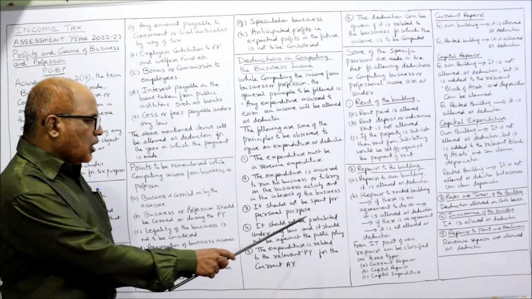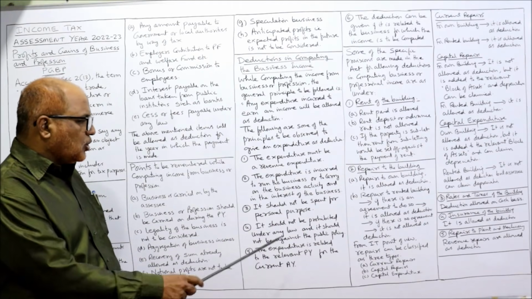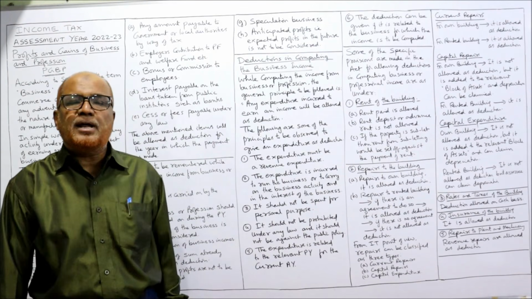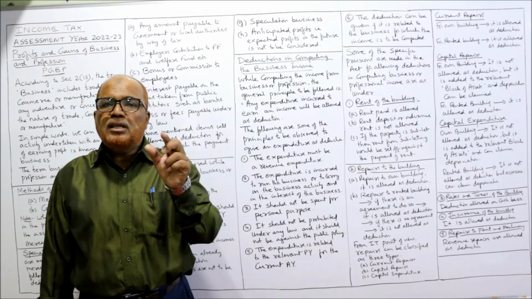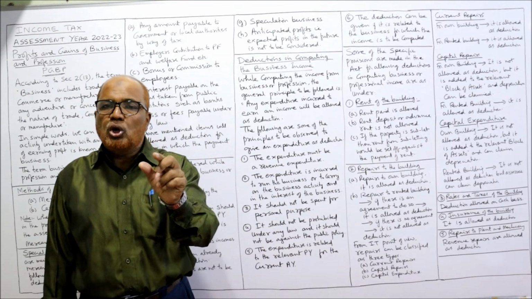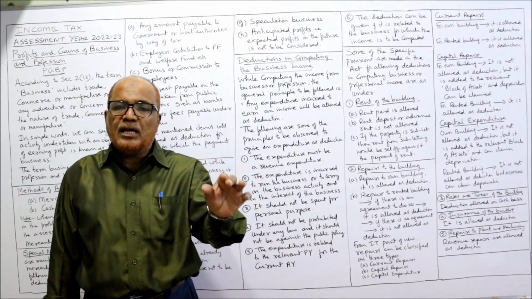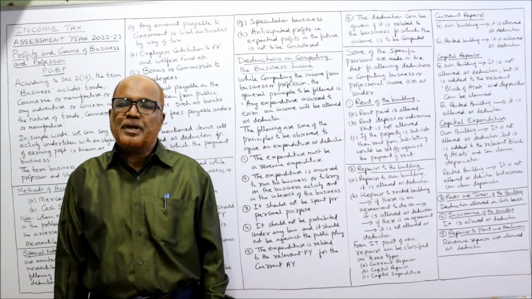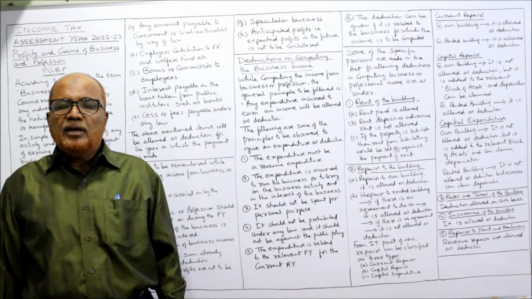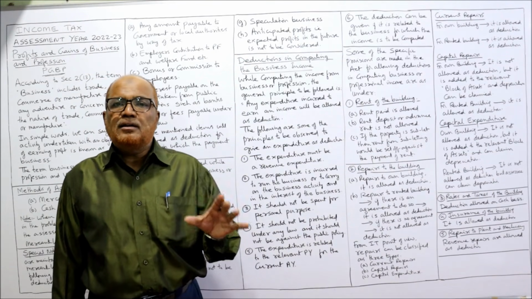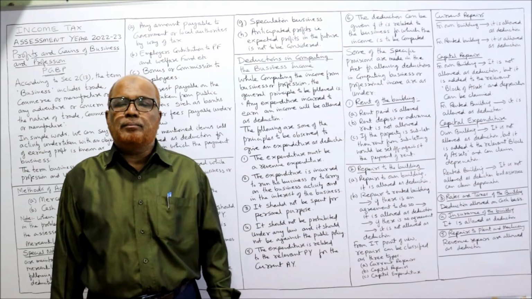Next one is, it should not be prohibited under any law and it should not be against the public policy. The Income Tax Act has given one rule: the expenditure incurred should not be prohibited by law, and should not be against the public policy. Example, the law has said taking a bribe is a crime.